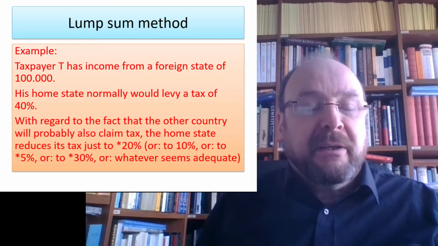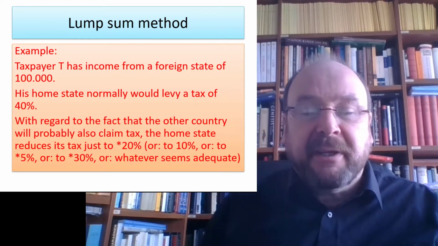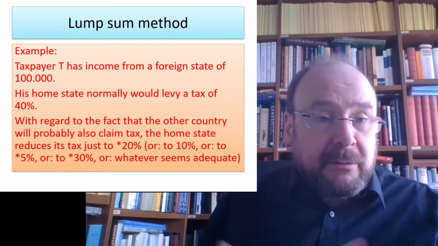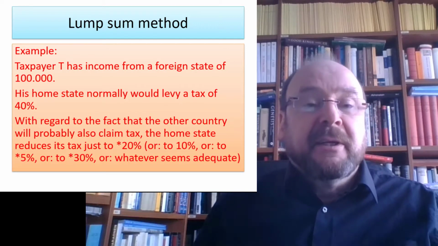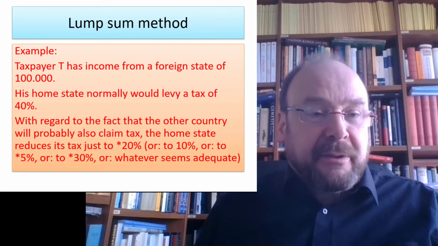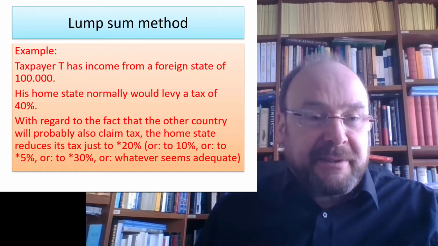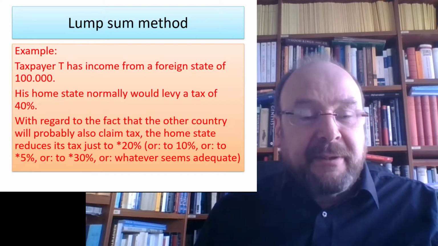Well, what about paying only 20% or only 10% or only 5% or 30%? Whatever seems adequate to the state could be agreed upon or offered as a relief for a potential double taxation. That is the character of the lump sum method.